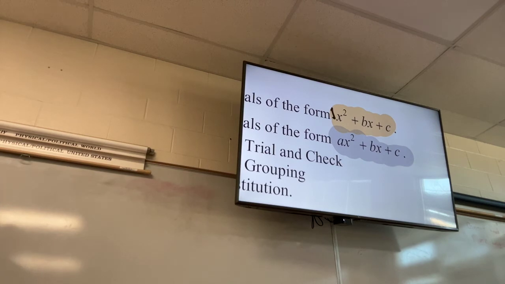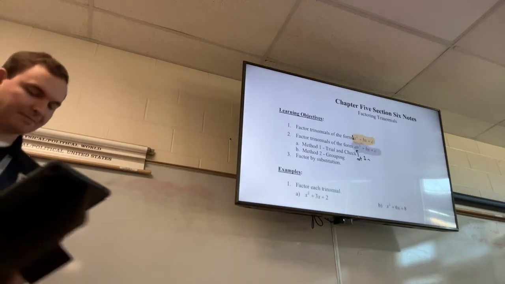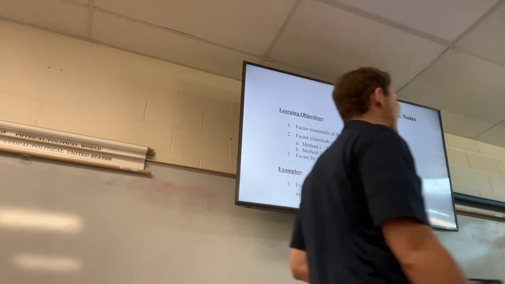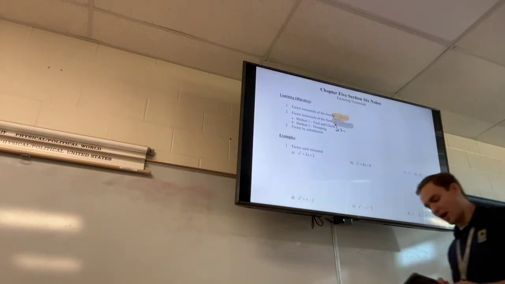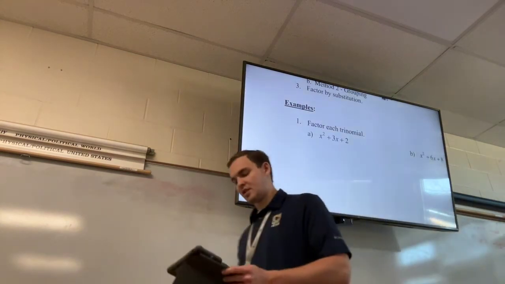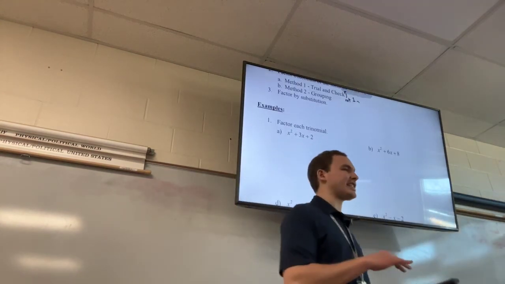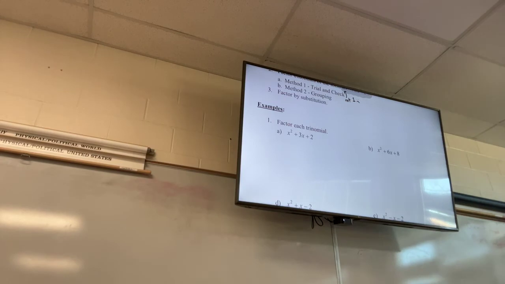This one has a lead coefficient of 1, which makes it really easy. This one has a lead coefficient of not 1, which makes it really hard. Maybe not hard, but tedious. So we'll start out with factoring trinomials with lead coefficient 1, which is not too bad at all.